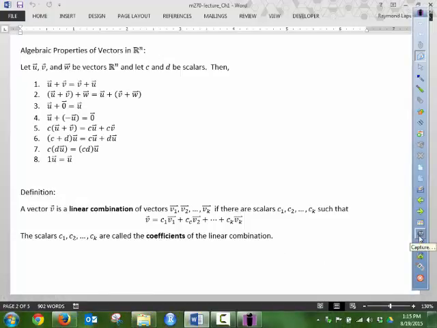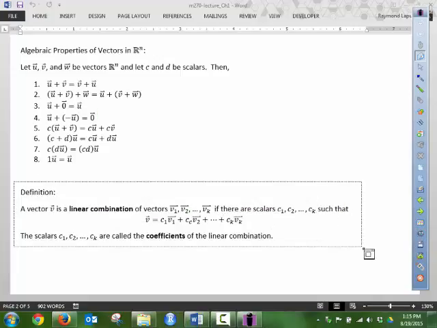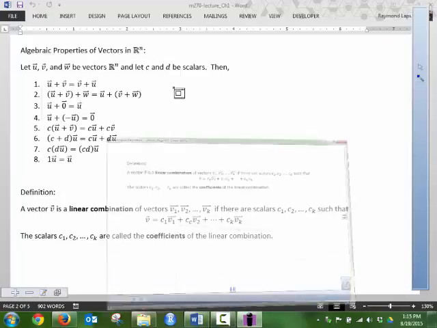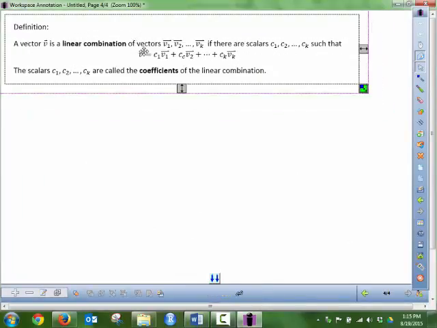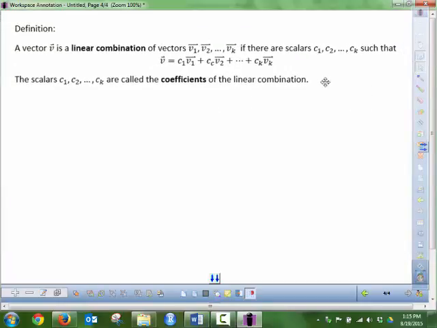But in light of all this adding and scalar multiplying, we have what's called a linear combination. And this phrase will become very, very important for us in this class. N can be in any dimensions.